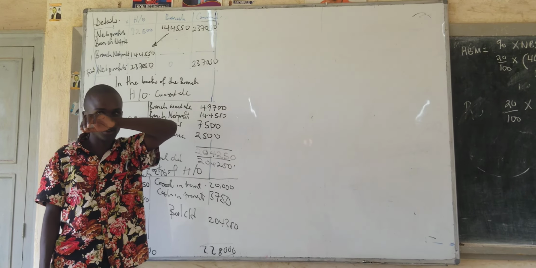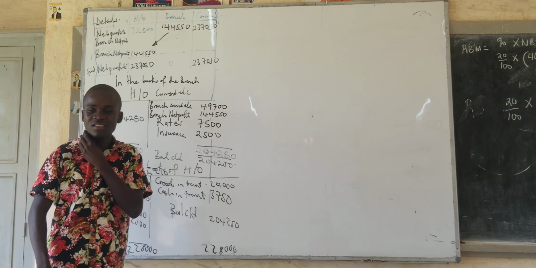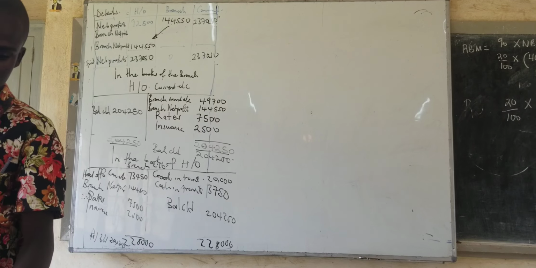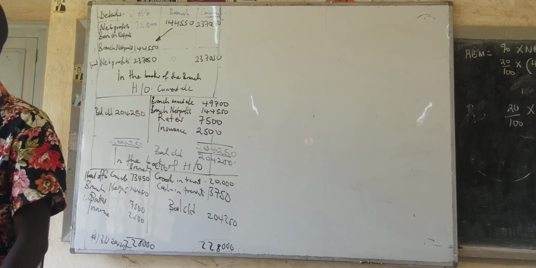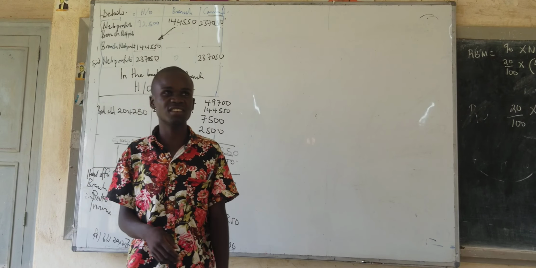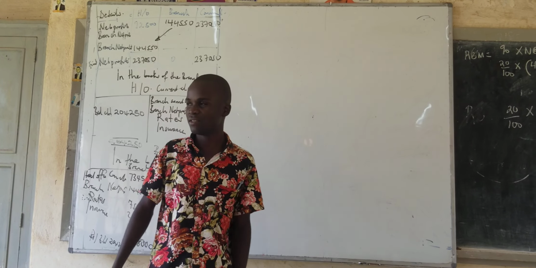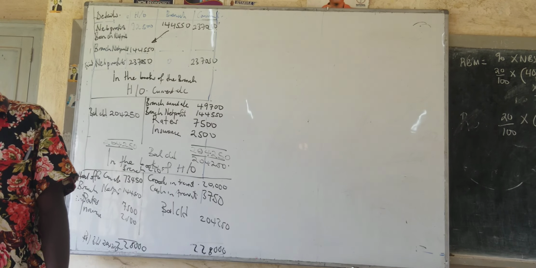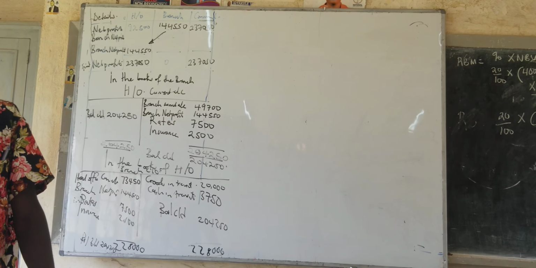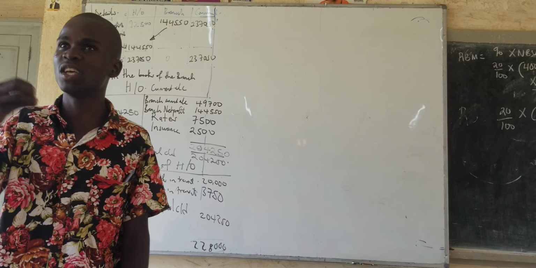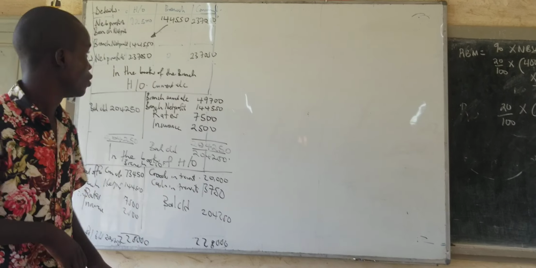In essence, they simply want you to appropriate, to transfer. Remember, the profit of the branch belongs to the profit of the combined. For example, if you have a business with very many branches, at the end of the year the branch is supposed to give that profit back to you.